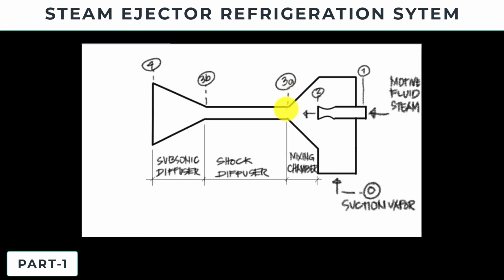At 3A, at the constant area, the mixed steam and vapor enter where a shock takes place, and the velocity of the mixture increases. Going out to point 4, the mixture decreases its velocity, where the velocity is converted into enthalpy.